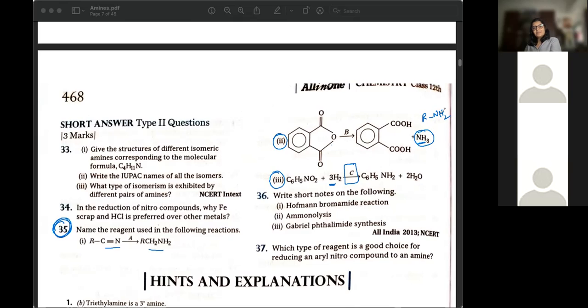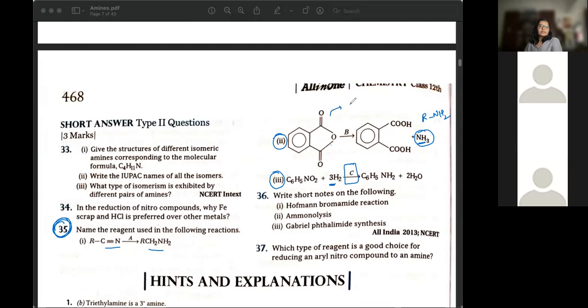Mitali, it can't be ammonia, because are you going to get it back unchanged? No, ma'am. So then we'll have to use RNH2 or something like that. So this is Gabriel phthalimide synthesis, and it's going to take 2-3 steps.